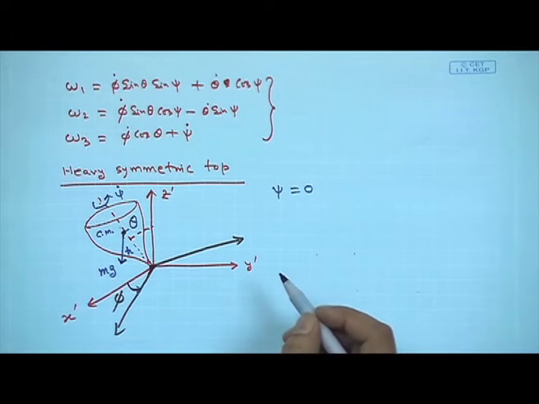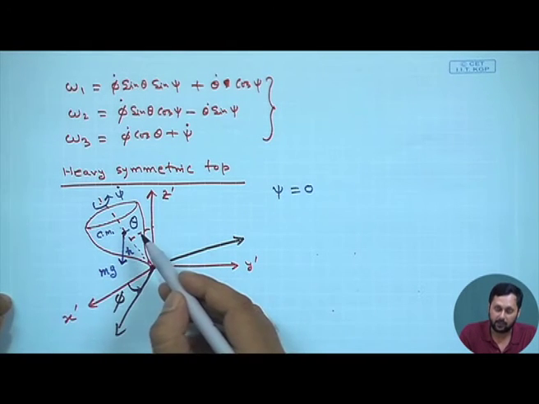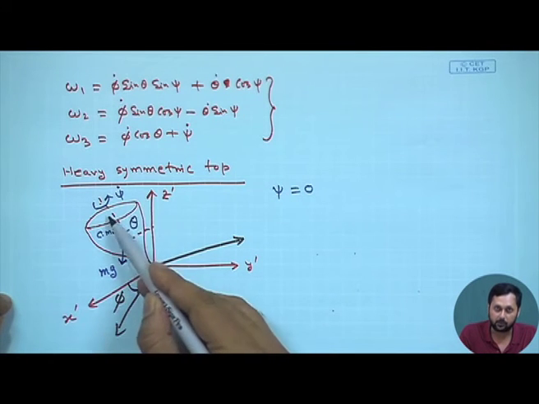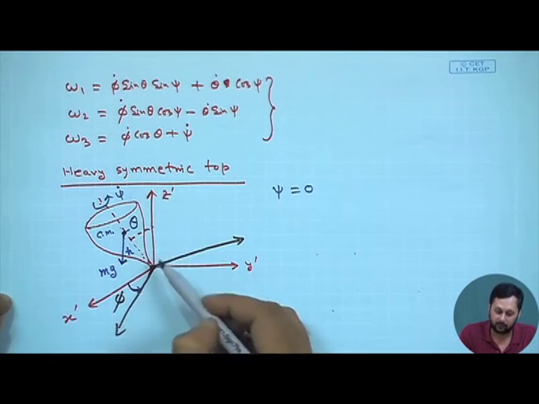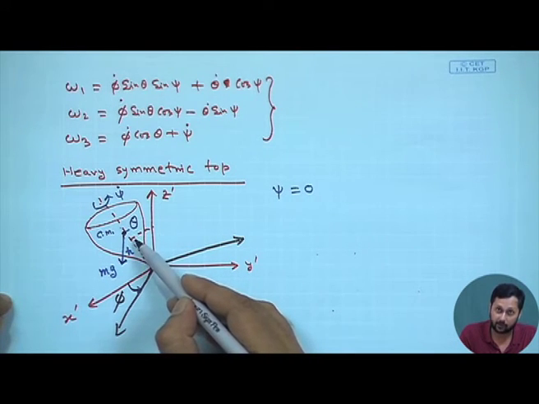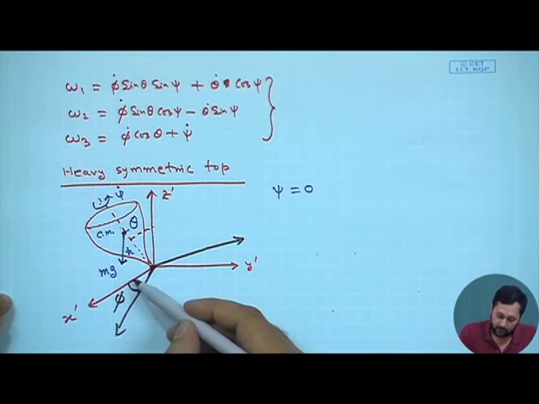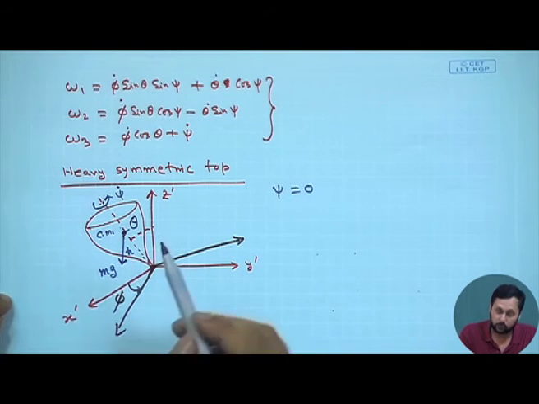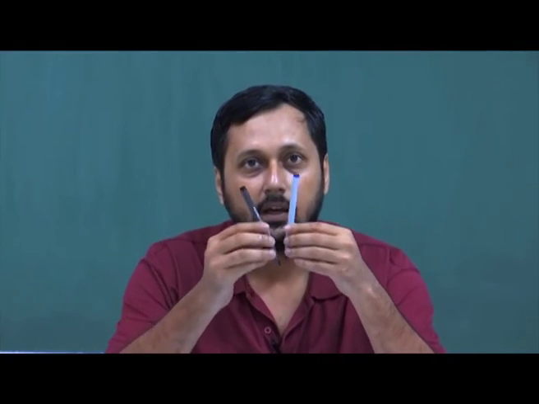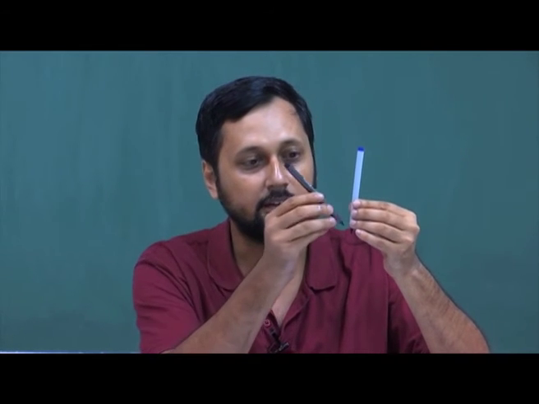Now, there could be three different types of motion here. One is the spin motion of the top, if it is spinning. The second is that the axis can go up and down with respect to the fixed z axis, the space z axis. That is taken into account by the change in theta. And the axis can also rotate. Let us say I have two pens in my hand. Let us assume that this one is the vertical direction, the fixed axis, and this is the axis of the top.